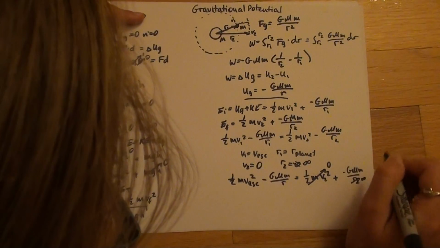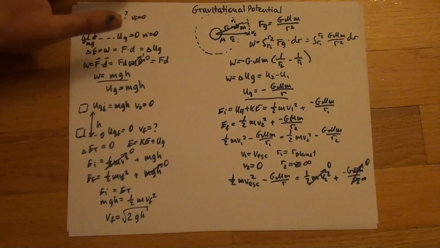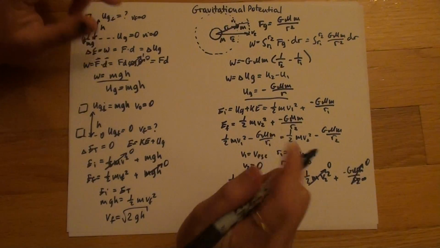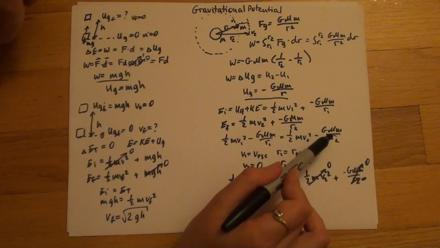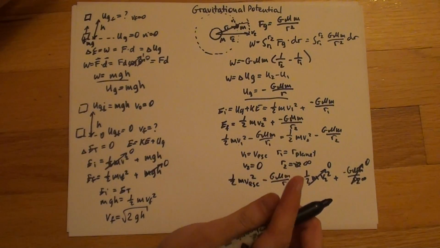This is infinity, so this whole thing would be 0, because any number divided by infinity is 0. It becomes infinitesimally small. In reality, this will never be 0, but for this purpose it serves just as well.